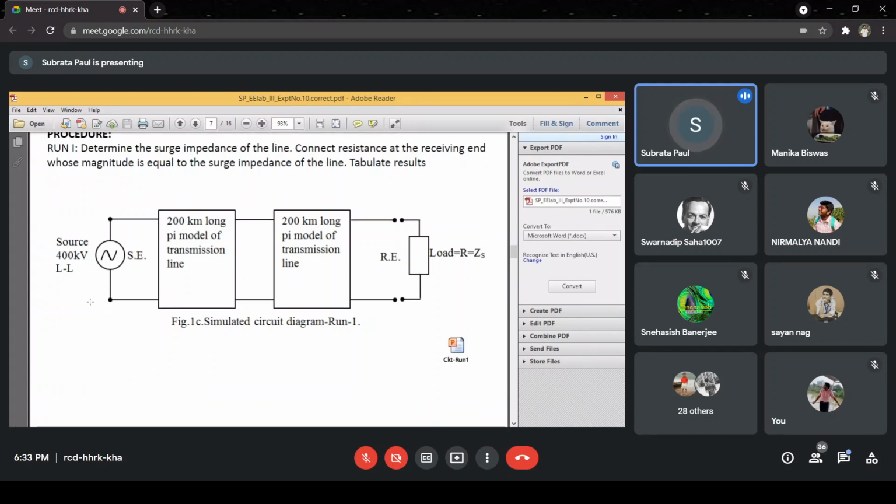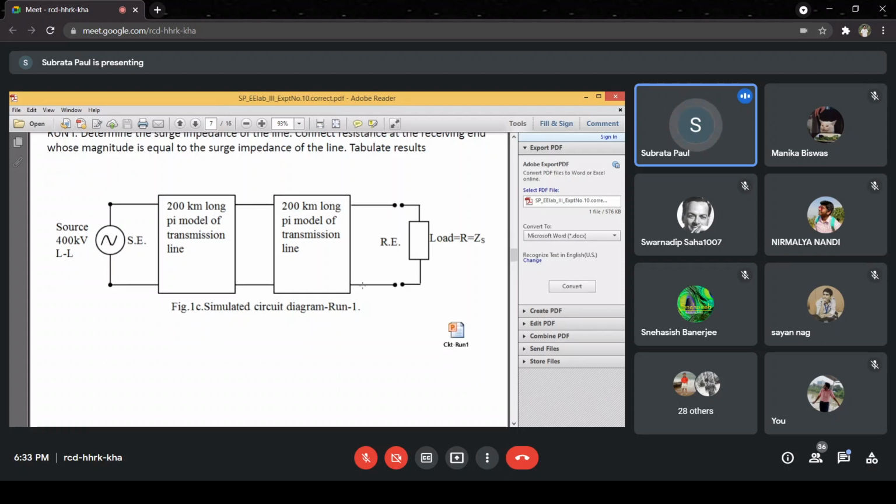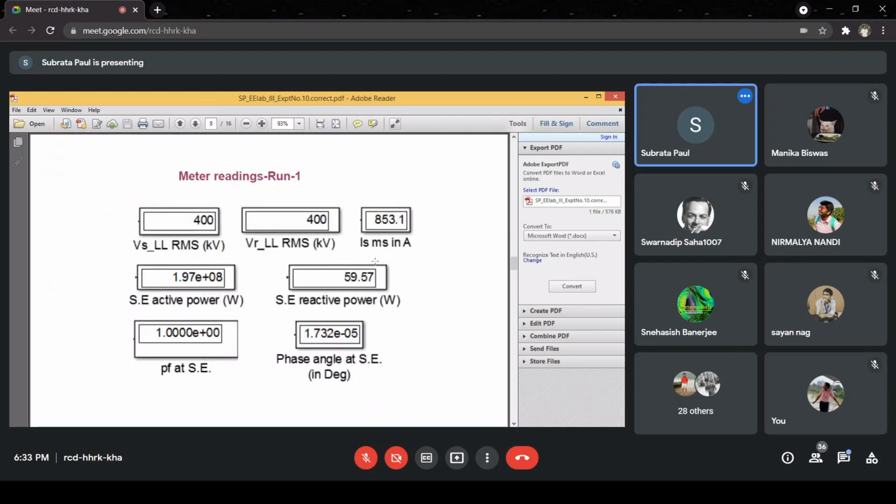In the simulation, that resistance was connected, and this value you will require for your calculations, right? You will get the current, sending end power factor. It is given per phase, okay?